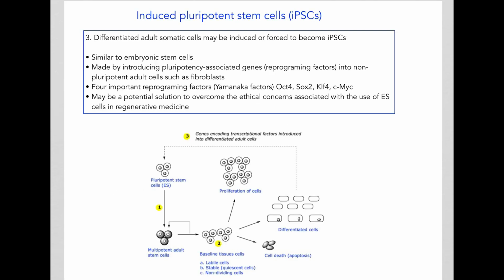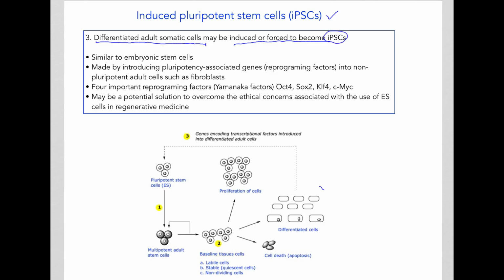A few words about this very exciting research here. This is the production of induced pluripotent stem cells. So in this technology, differentiated adult cells can be induced to become pluripotent cells.